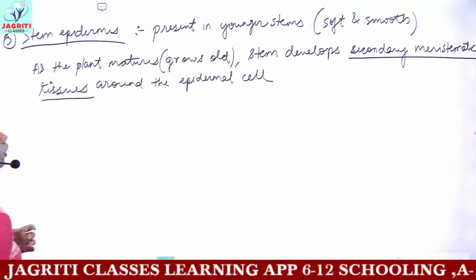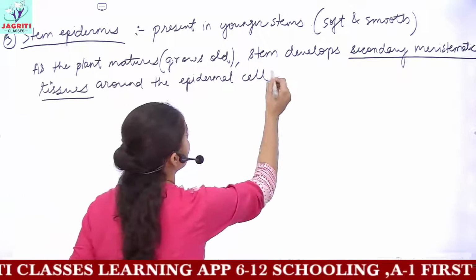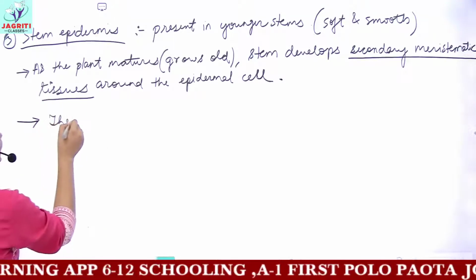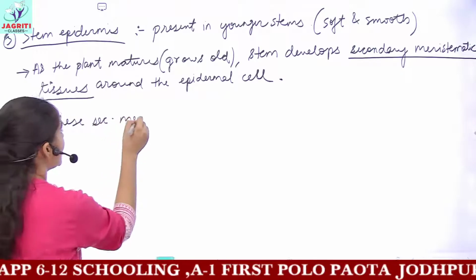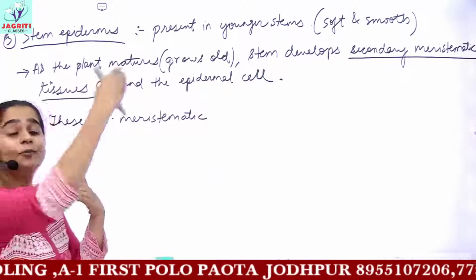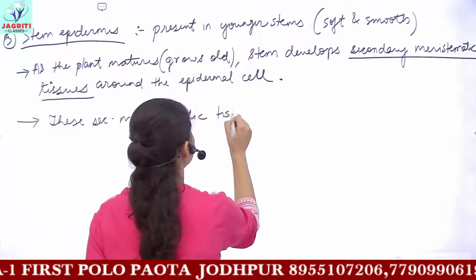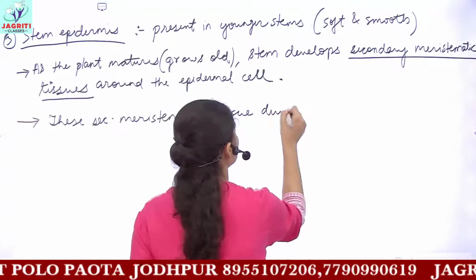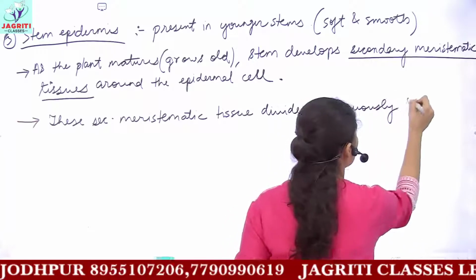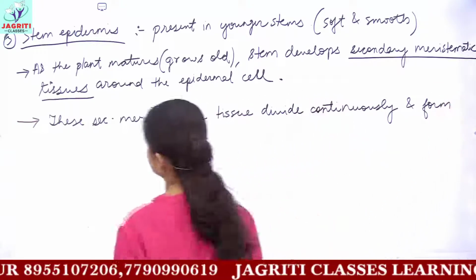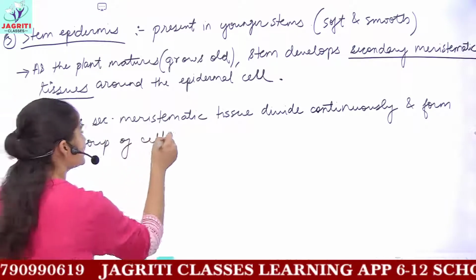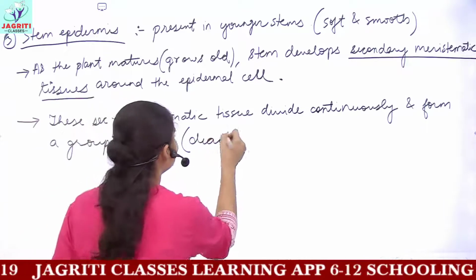And as a result of development of these tissues, now what do you have? As you know, these are meristematic, so these secondary meristematic tissues divide continuously and form a group of cells, and the cells so formed are dead in nature.